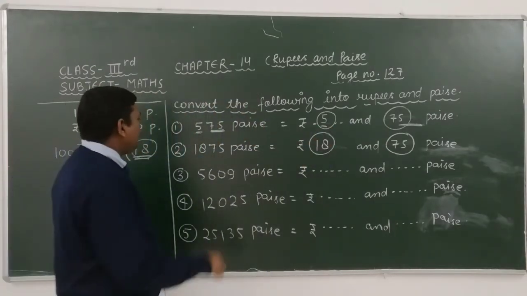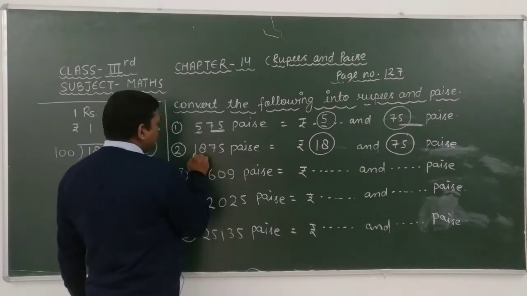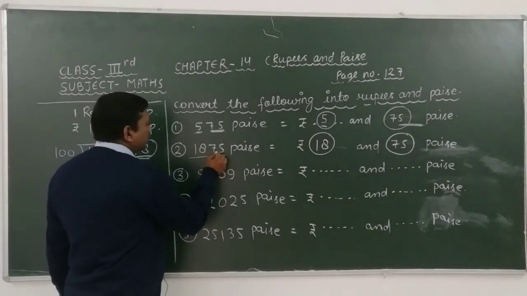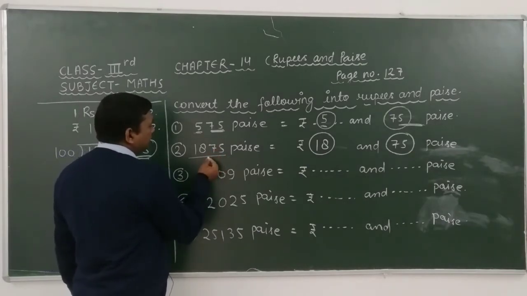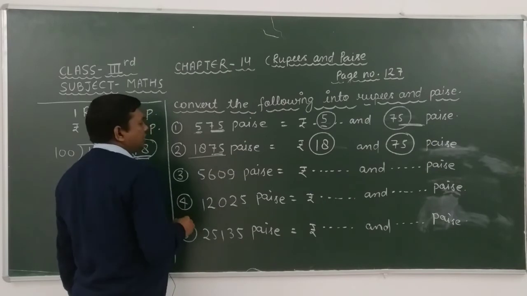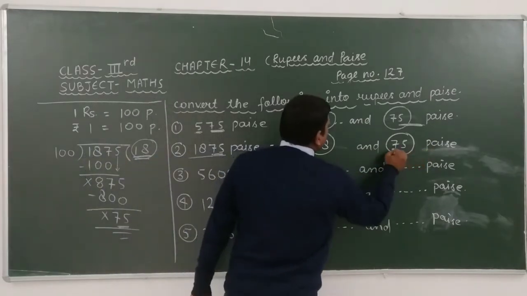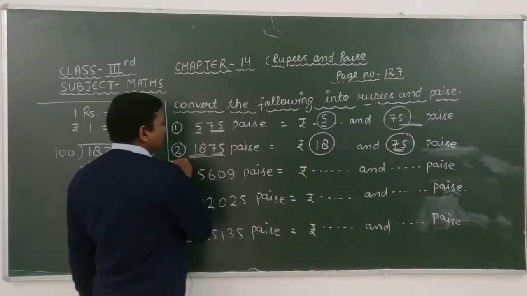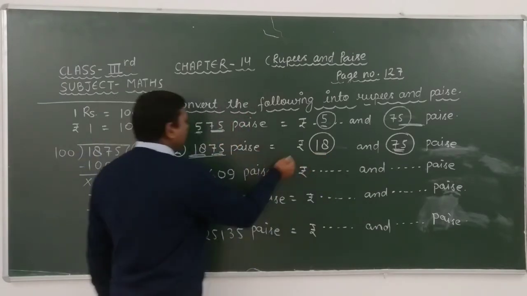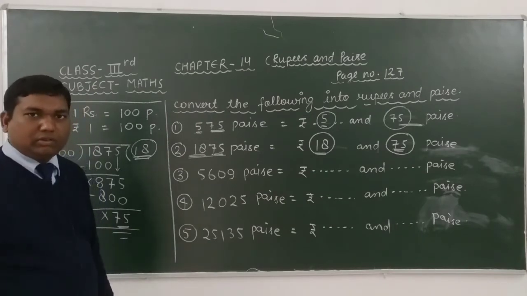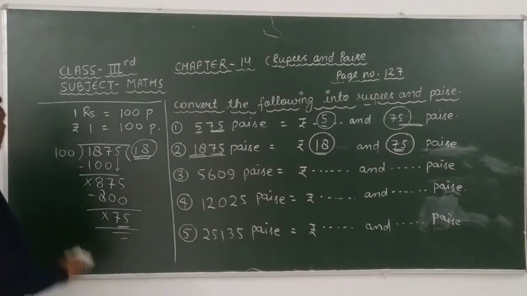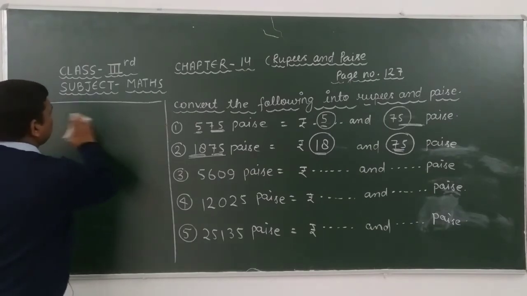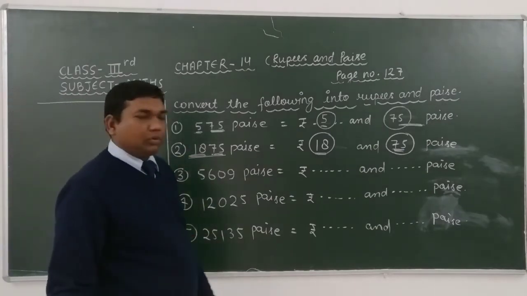Similarly, when a 4-digit number is given, if we take the last 2 digits in paise and the rest 2 digits in rupees, then we get the answer of this question. Understand? Similarly we can solve all the given questions.